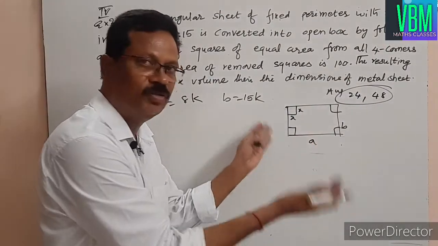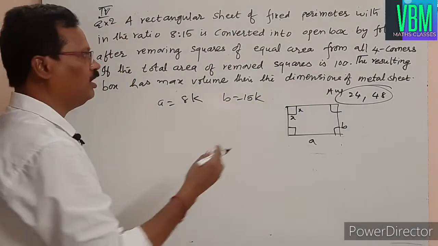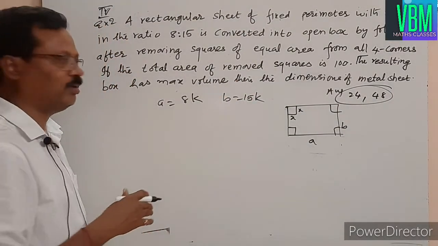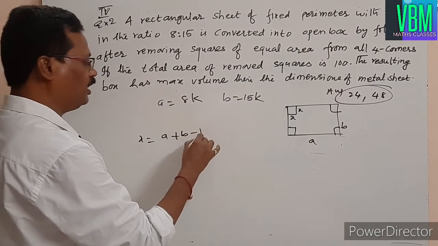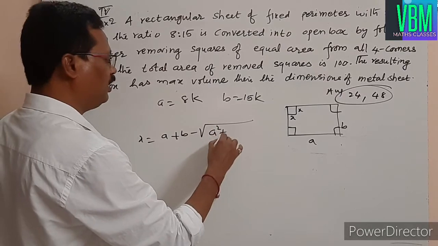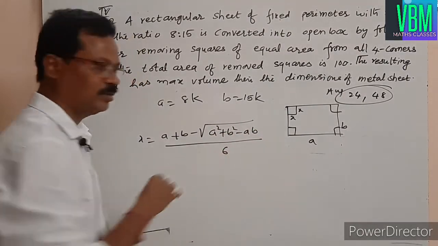Then the height of the box where the volume of the box is maximum, that x is equal to, already we know the formula, a plus b minus under root of a square plus b square minus ab, by 6.